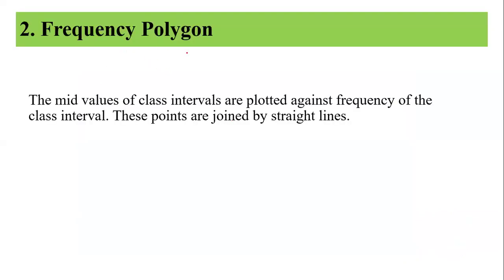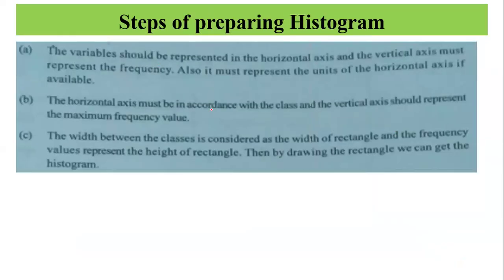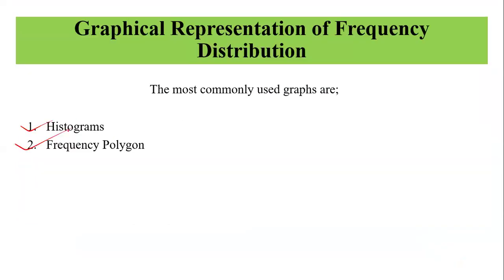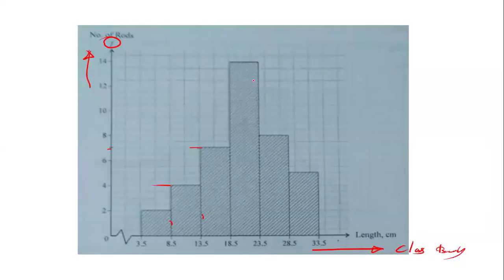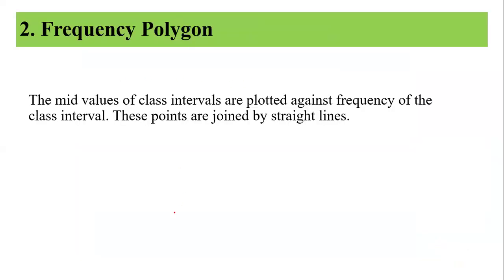Next one, the frequency polygon. The first one was the histogram, and the second one, what is a frequency polygon? When preparing this frequency polygon, the mid values of class intervals are plotted against the frequency of the class interval.